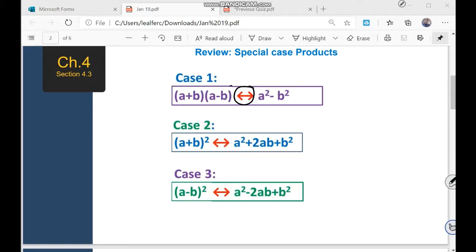That means from this multiplication, you can find that solution. But the same thing, sometimes you're going to see a polynomial like this, and you can represent it as a multiplication of 2 binomials. You can go from one side to the other, or from the other side back.